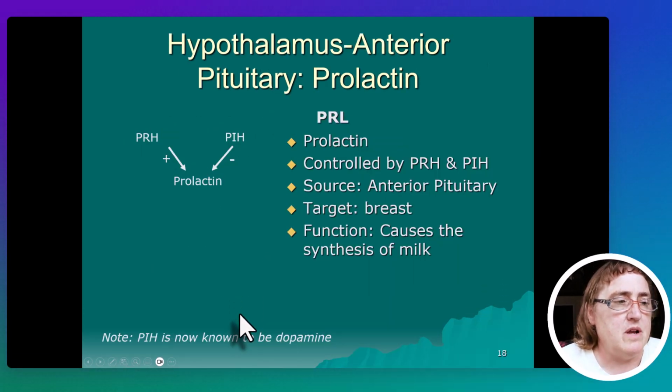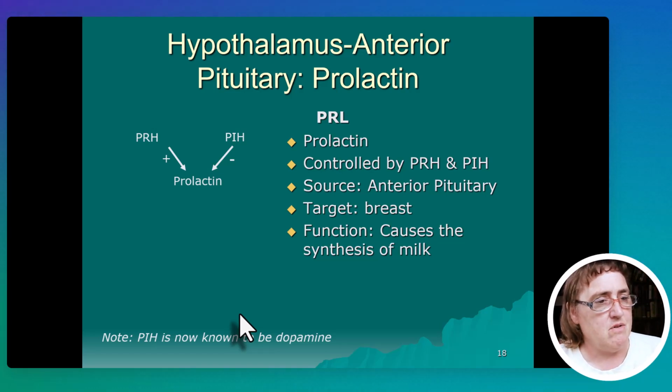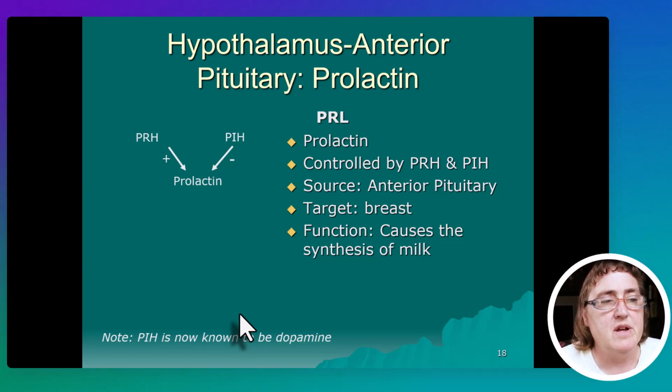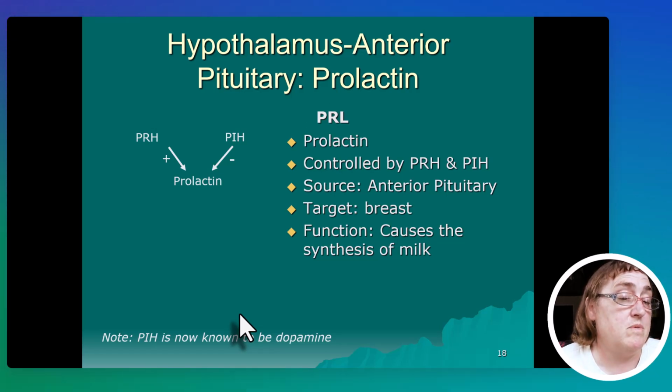All right, the last one is the hormone prolactin, which again, like growth hormone, has a releasing hormone, prolactin releasing hormone, and an inhibiting hormone, prolactin inhibiting hormone, which is now known to be dopamine. That wasn't initially known for a while, but it is now known to be dopamine.